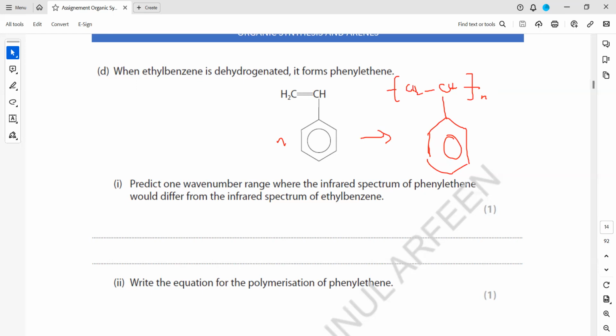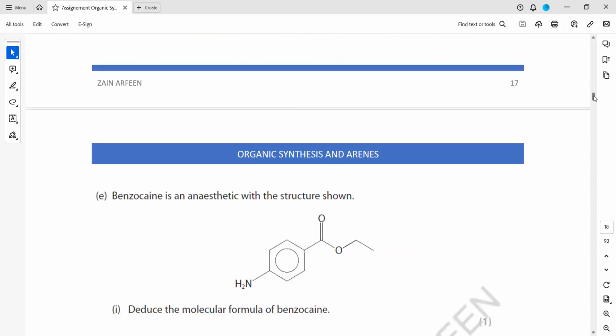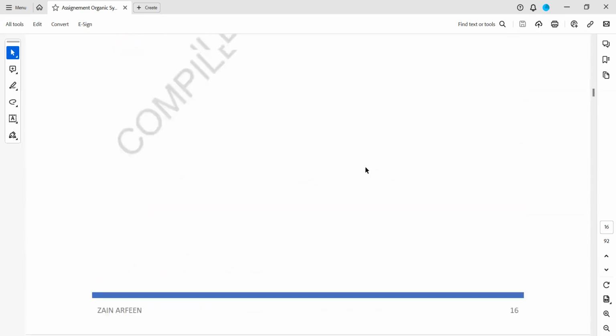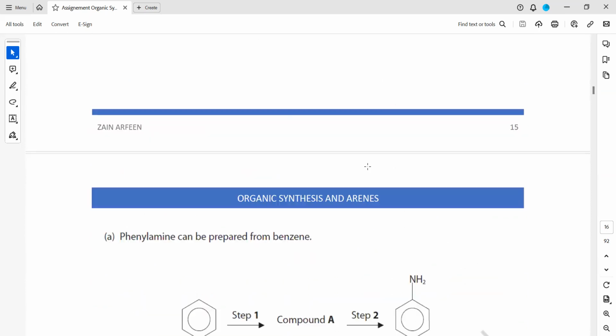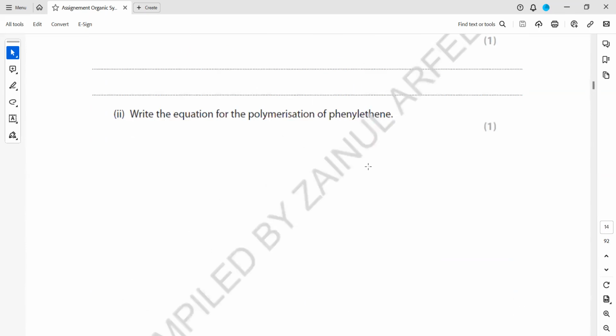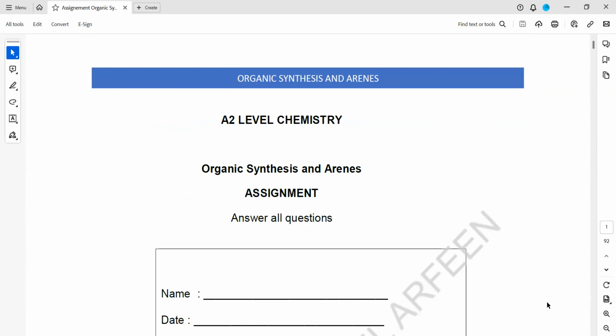So this is the equation for the polymerization of phenylethene. So this was question 4, related to organic synthesis and arenes.